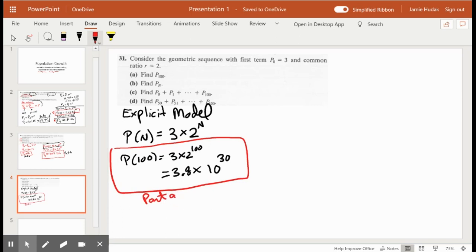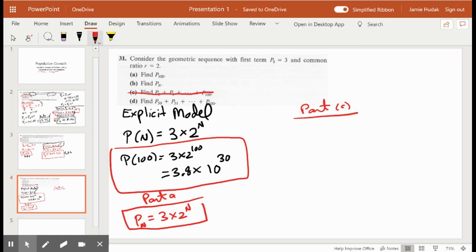Part B, find P sub n. Well, P sub n is going to equal 3 times 2 to the nth power. So we can define P sub n using the explicit model. And I'm going to modify part C. Instead of adding all of the numbers from P0 to P100, let's do numbers that we don't have to put into scientific notation.